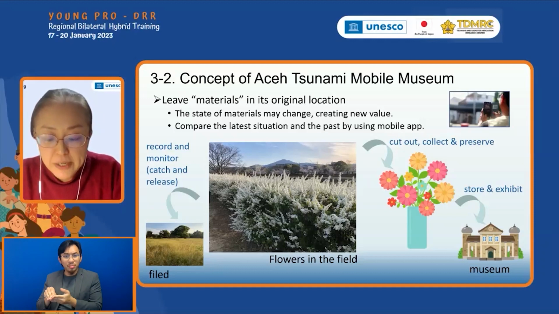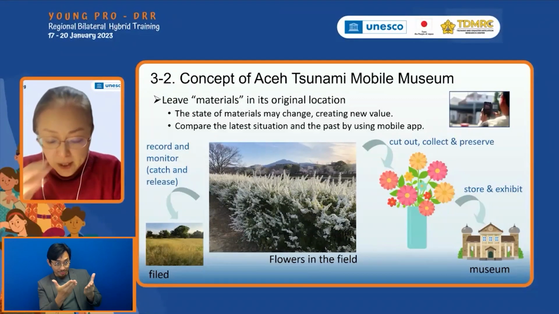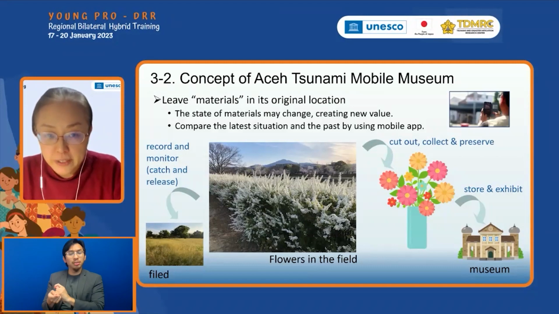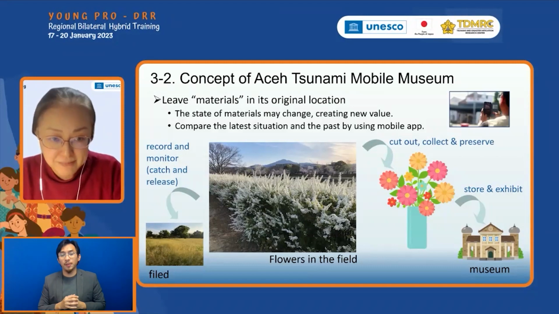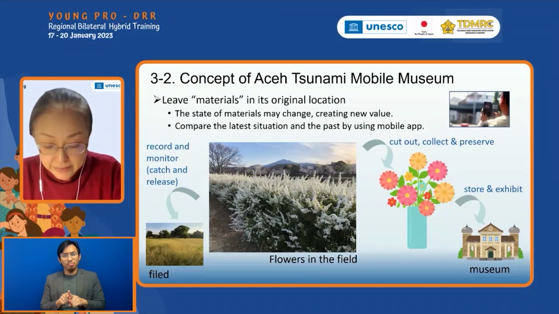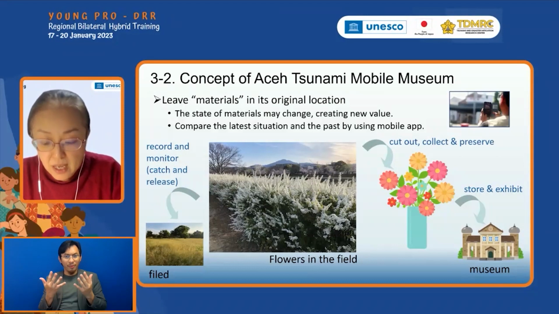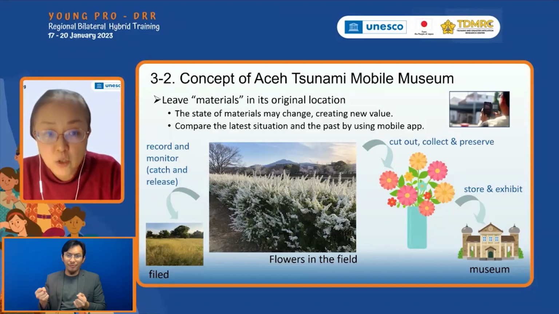As reconstruction progresses, the appearance of materials will change. So will the social context to which the materials belong. Because the material is a living, functioning, active entity in society.